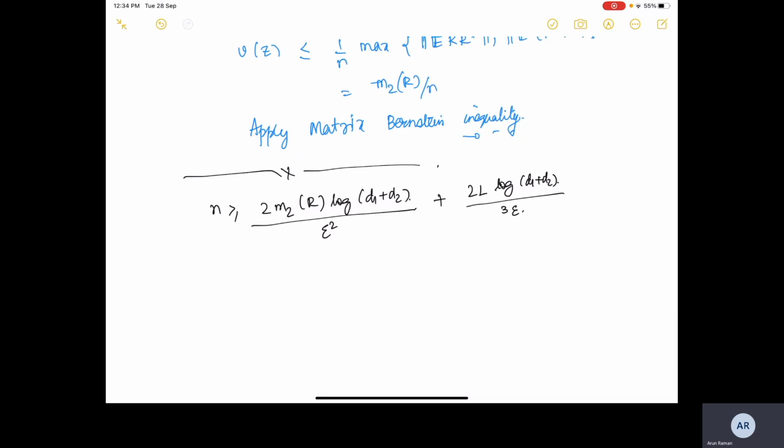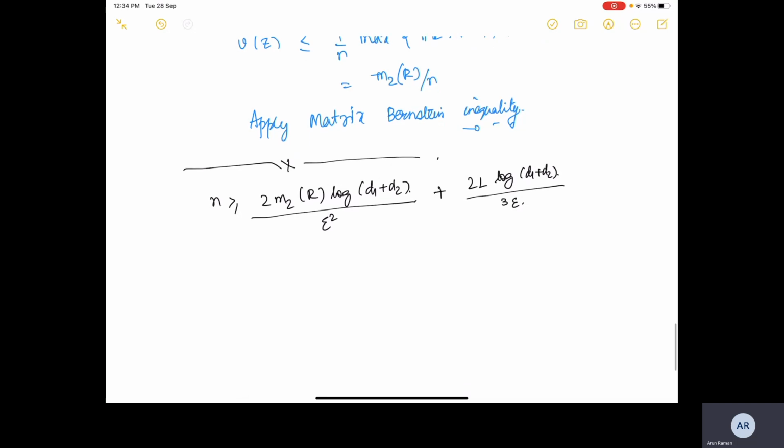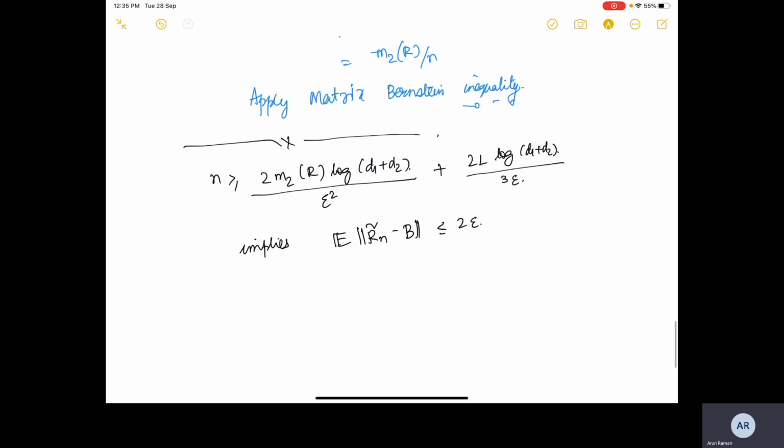So if we pick n such that this condition is satisfied, then this implies that the expected value of the error is less than 2 epsilon.